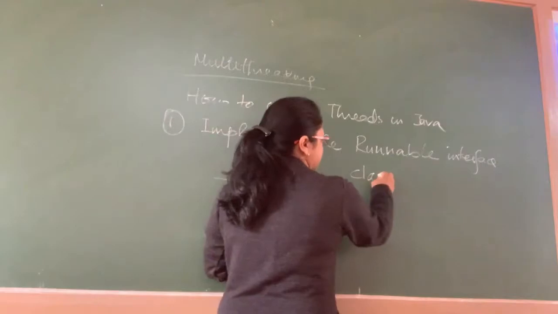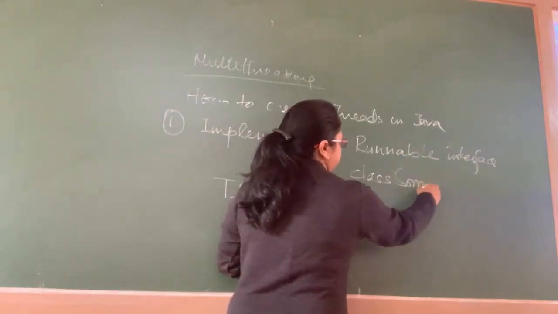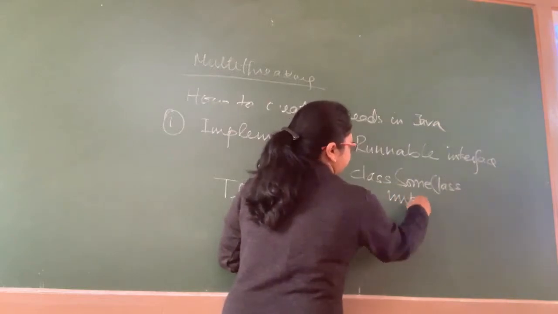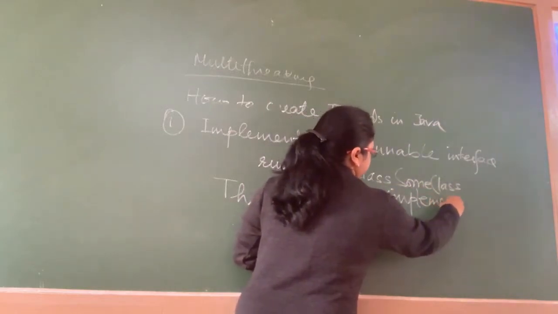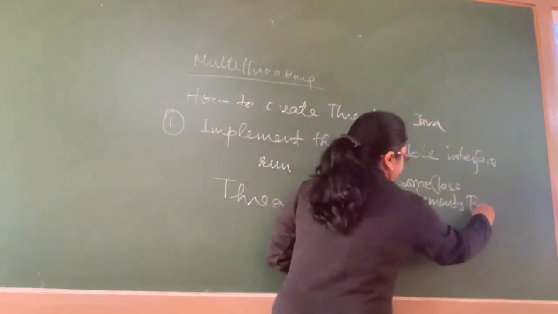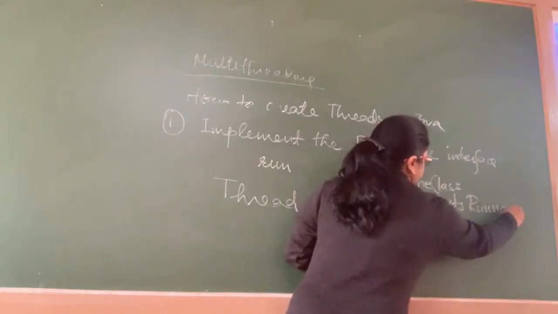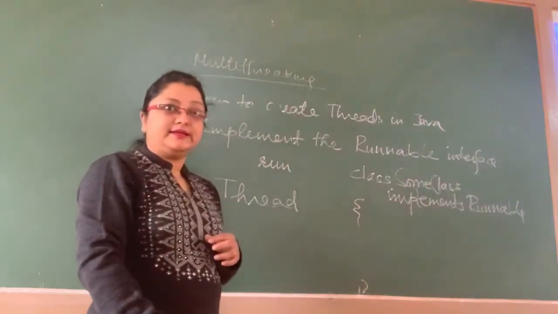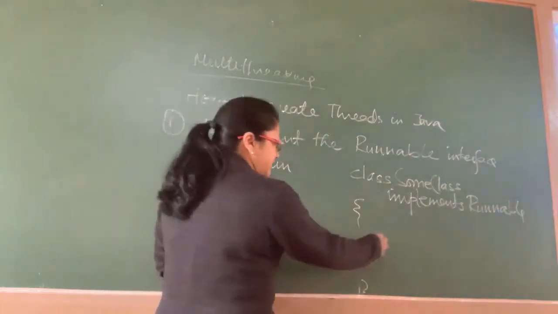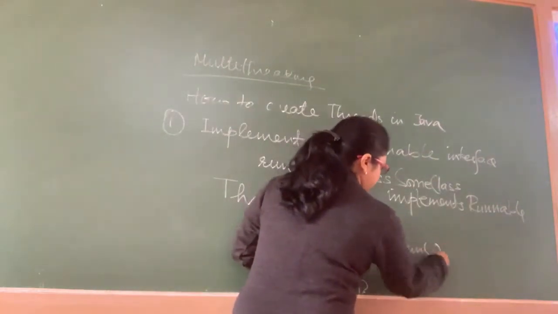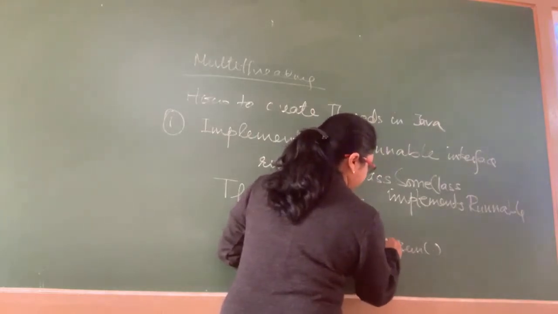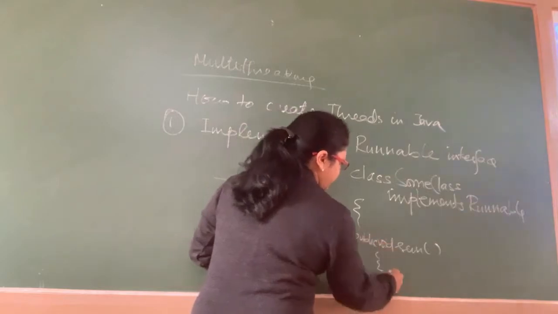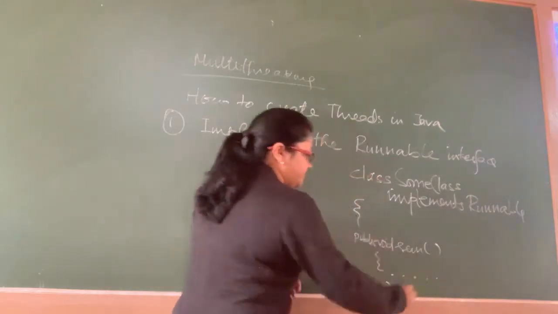Suppose I write: class SomeClass implements Runnable. Inside this class I will have the run method. It is void, does not return anything, and it has to be public. There will be some code here.